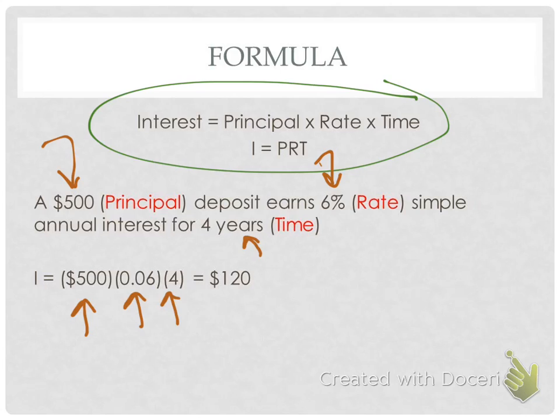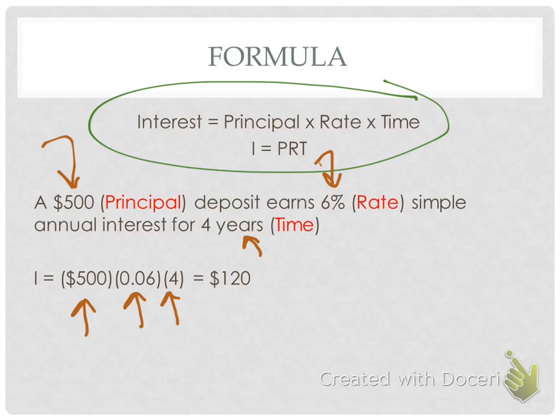So what does that mean? $120. What does that mean? It means if you were to go to ViStar, everybody know ViStar, the bank? If you were to go to ViStar and you were to invest $500 into some kind of account that was to grow your money at 6% a year, after 4 years, when you go to get that money back, now your $500 has grown to how much? 620.